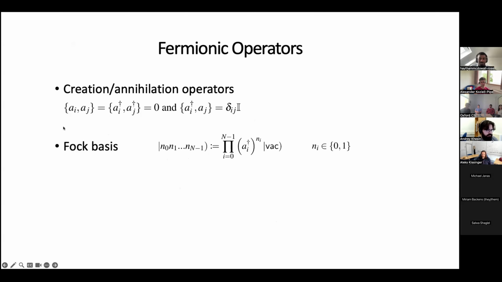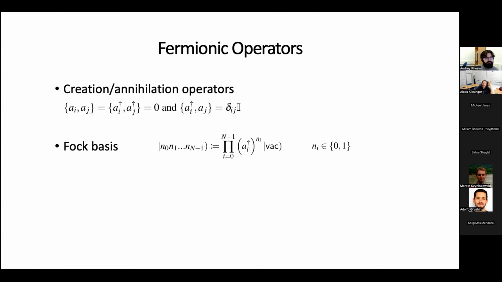Instead of commuting, where when you swap them nothing happens, when two operators anti-commute, it means that when you swap their ordering in a product, you pick up a minus sign. That will be important because that is a lot of what creates some of the difficulties, the non-locality, the heavyweight operators, which you'll see later.